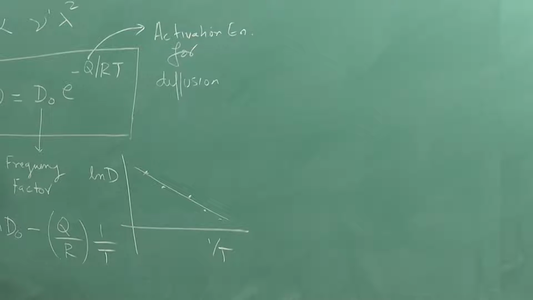I put a best fit line through this, and from the slope and the intercept I can get the value for activation energy and D0, and after that I can get D values for other temperatures.